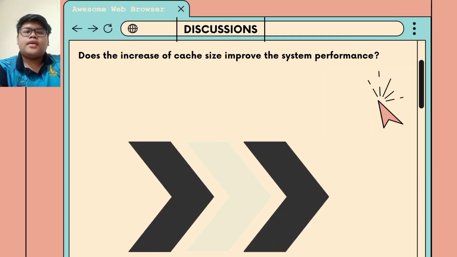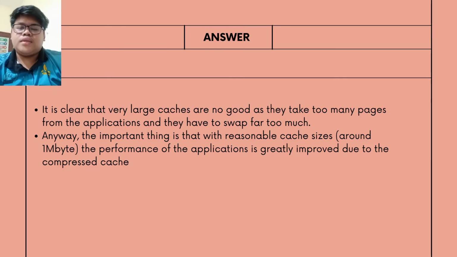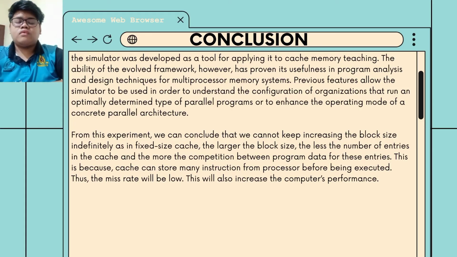Last question, does the increase of cache size improve the system performance? The answer is, it is clear that very large caches are not good, as they take too many pages from the application and they have to swap too many times. Anyways, the important thing is that with a reasonable cache size around 1 megabyte, the performance of the application is greatly improved due to the compressed cache.